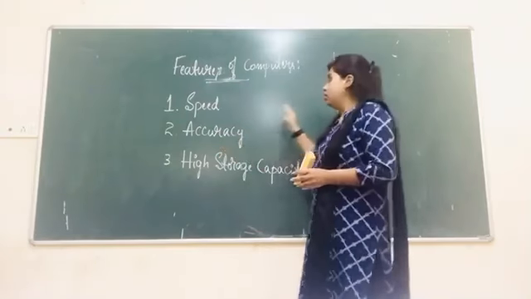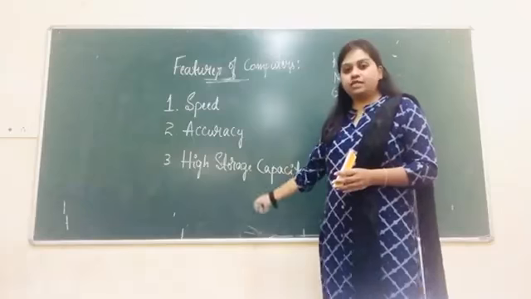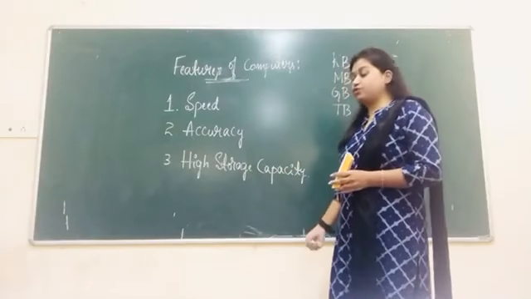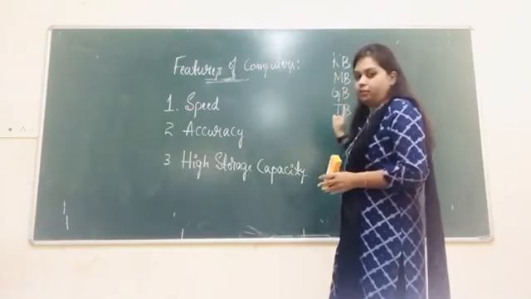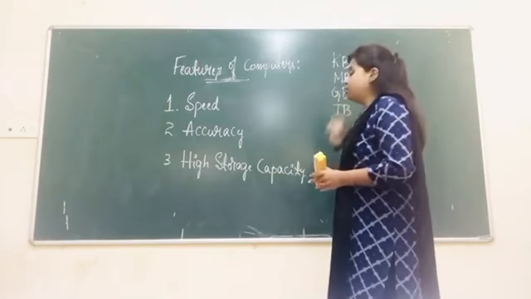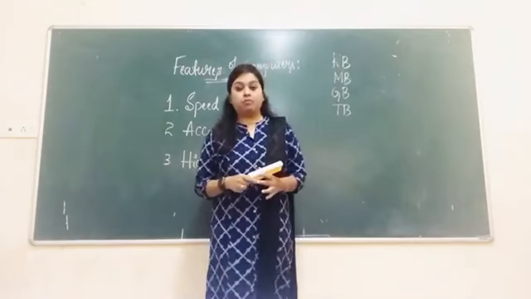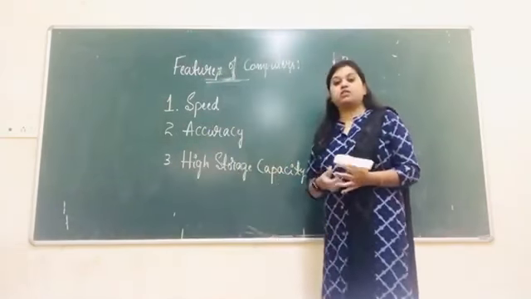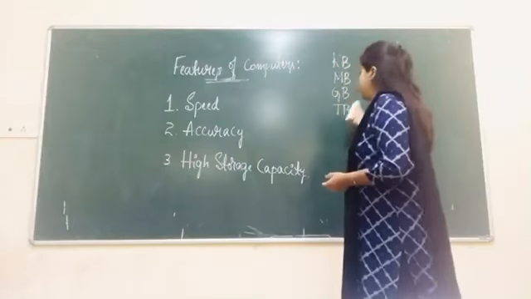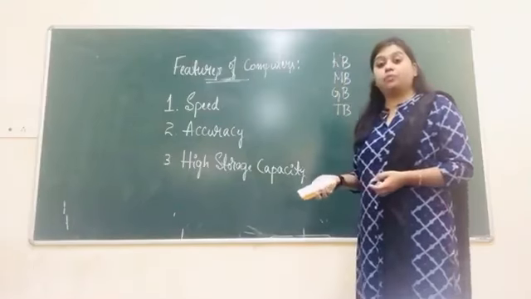So the data we store inside the computer is stored in terms of KB, MB, GB, TB. KB is kilobytes, MB is megabytes, GB is gigabytes, TB is terabytes. You will learn this later in the chapter on computer memory.